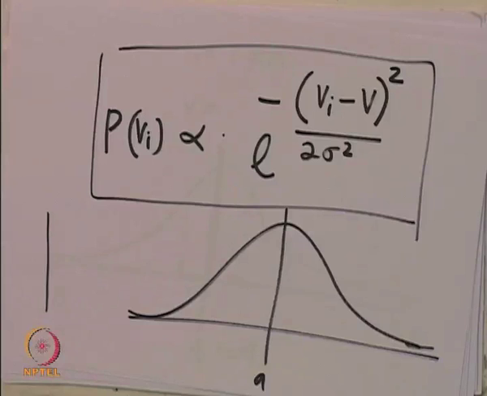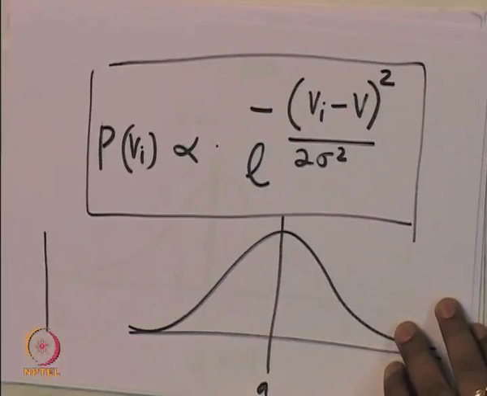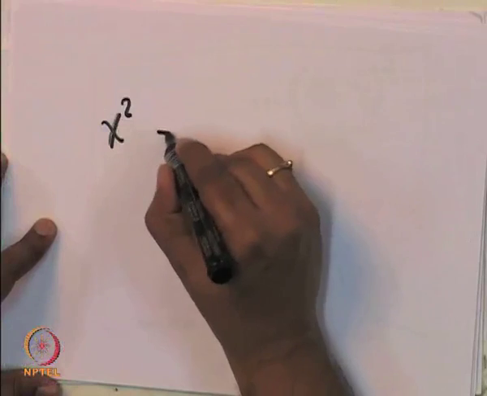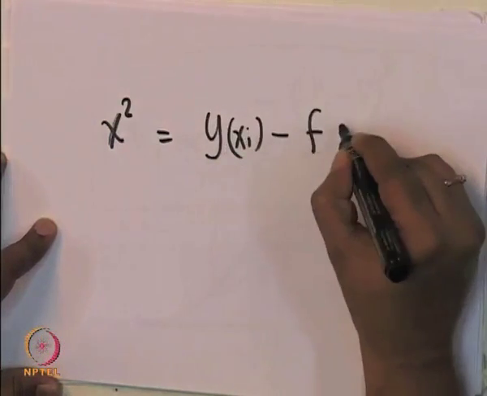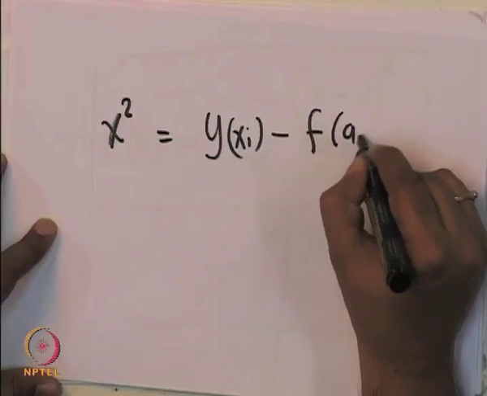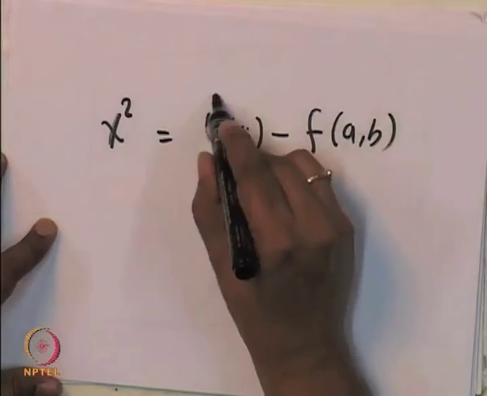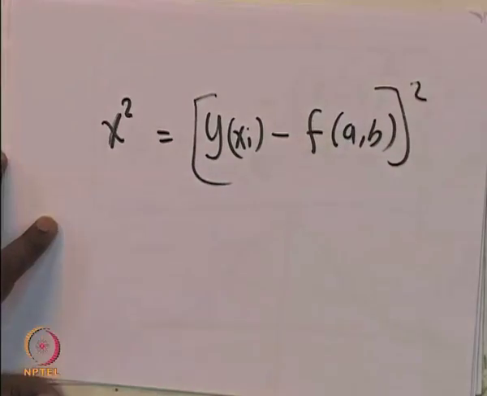If there is time, we will discuss this in another lecture, but for the moment it is enough to realize that at the end of the day, when computers fit, they are minimizing this function called chi-square, which is the measured value minus the fitting value, a function of the parameters, squared.